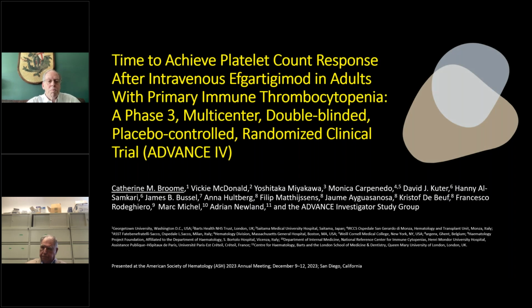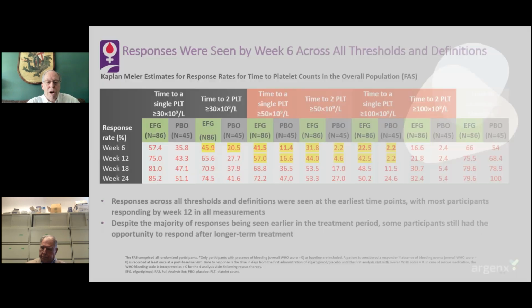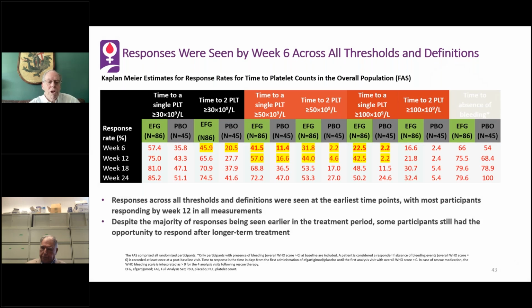There was a subsequent presentation at ASH last year with the same data from the efgartigimod phase 3 ITP study. And the point here is that with the efgartigimod in green and placebo in purple, looking at weeks 6, 12, 18, and 24, as you can see in the yellows, things either happen better or especially more quickly on the efgartigimod arm.